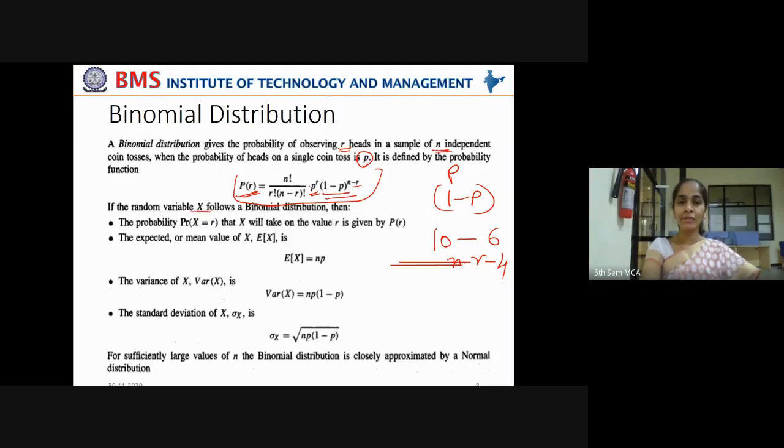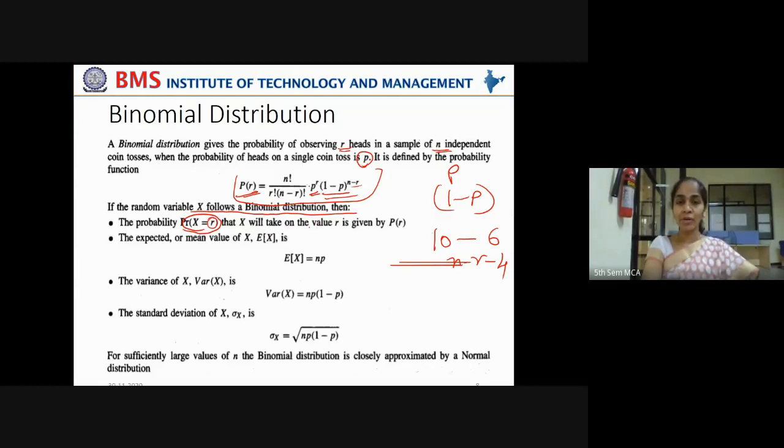If the random variable x follows a binomial distribution, now, if this random variable x in repeated experiments is following a binomial distribution, then the probability of x taking up the value of r means what is the probability of observing r heads in n coin tosses? What is the probability of observing 6 heads in 10 coin tosses?